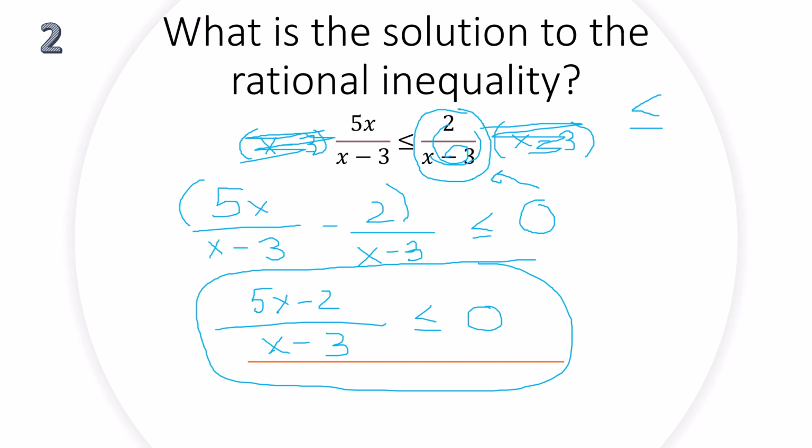Now, once we've moved everything to one side and we've simplified, adding or subtracting like terms, then I can look at points of interest. So the first thing I'm going to look at is x minus 3. When x minus 3 is equal to 0, we're going to have a hole in our function or an asymptote. In other words, there's not going to be a solution of any kind at x minus 3.